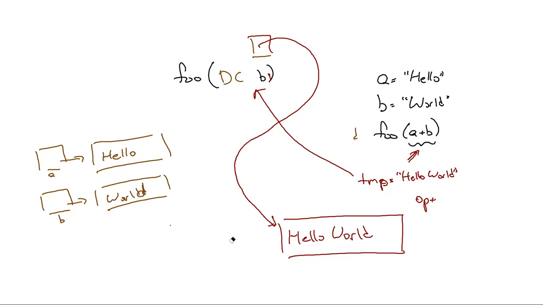If I use the concept of transfer of ownership to steal temp's memory, I'm actually saving a lot of work. Which work am I saving? I had to create temp anyway, and the memory that comes out of it, because that is the return value of the operator plus.